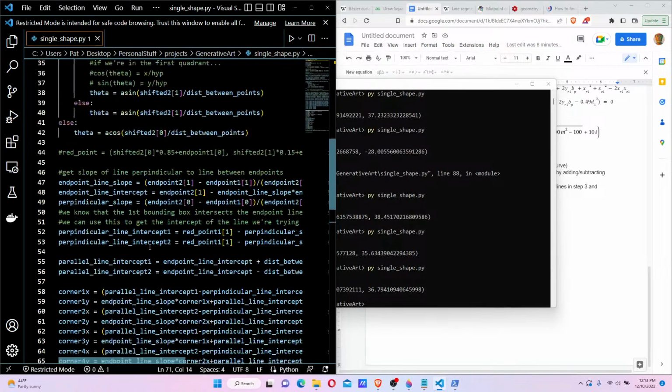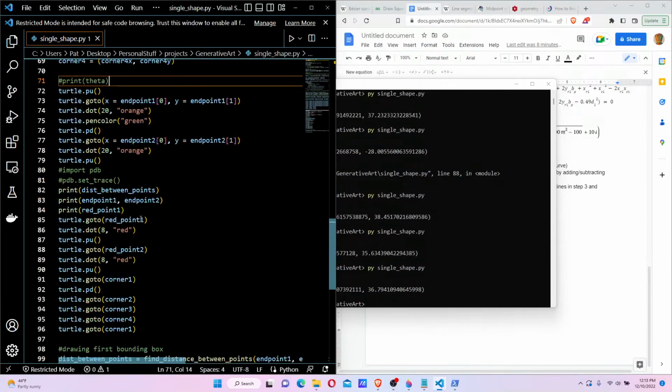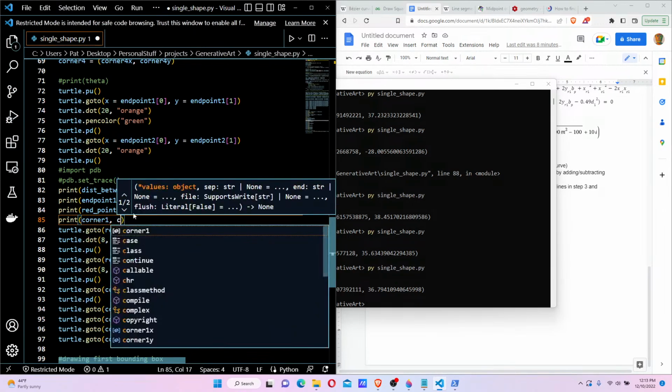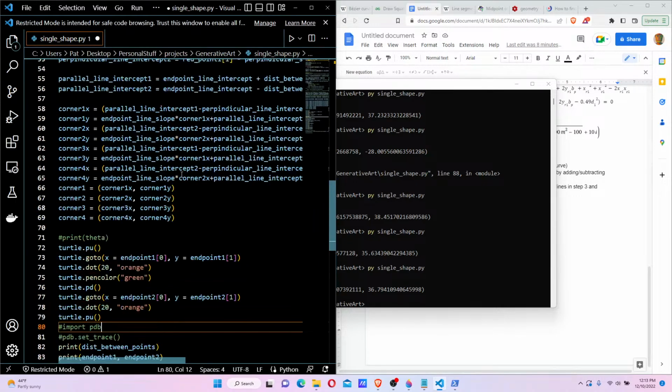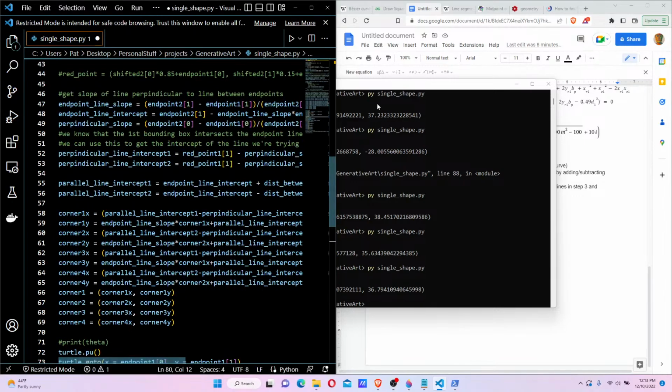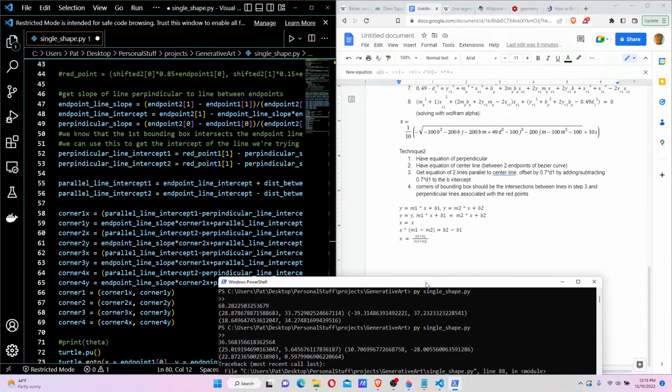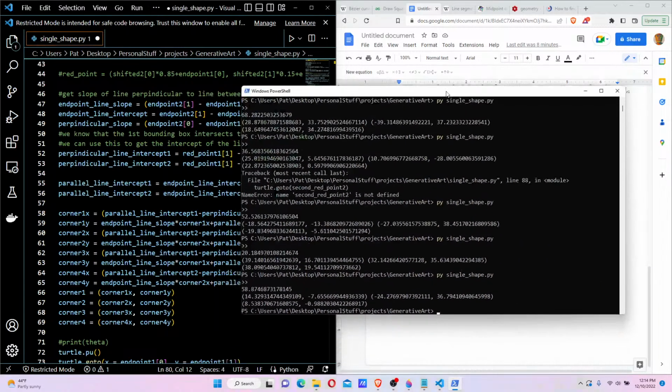Okay. Now I'm just going to start printing the corners as well. Print corner 1, corner 2, corner 3, and corner 4. I don't know.